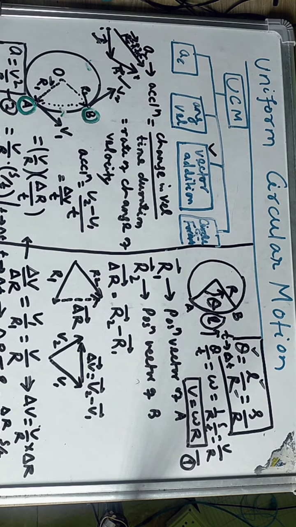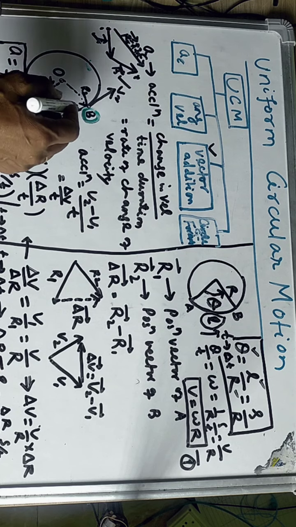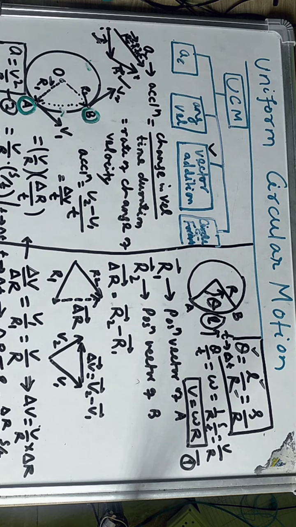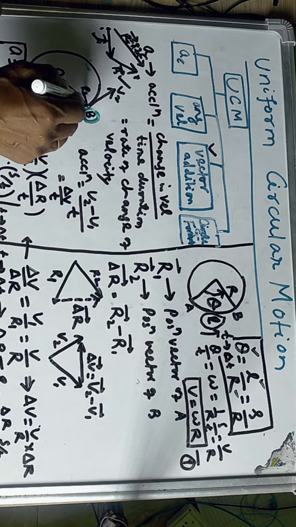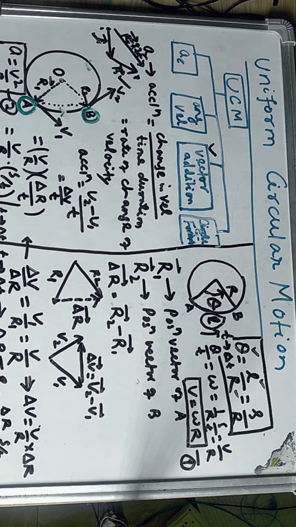The position vector of A. A position vector indicates the direction and length or distance of point A from origin O. The position vector of B indicates the direction and distance of B from O. The distance of B is R, and the distance of A is also R from O.